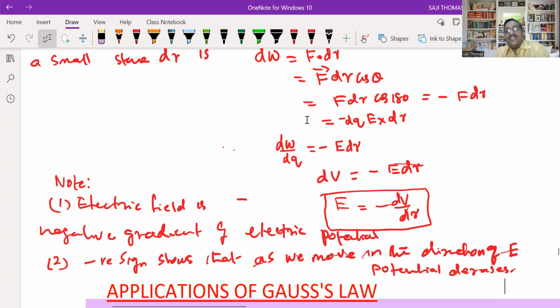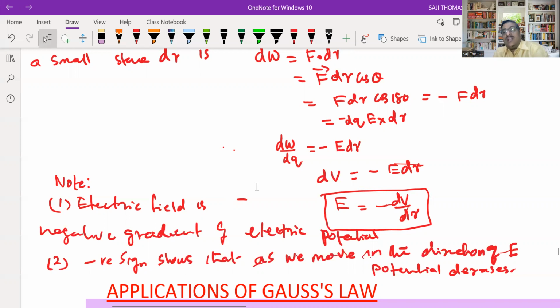Now, when you move towards a positive charge, what will happen to the potential? Increase. When you move towards a negative charge, what will happen to the potential? Decrease. Potential due to that charge will decrease. So what is the meaning of potential energy of a charge?